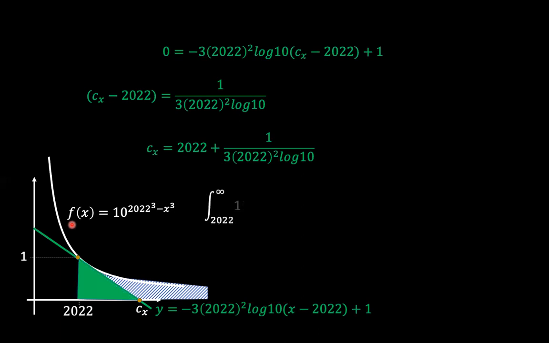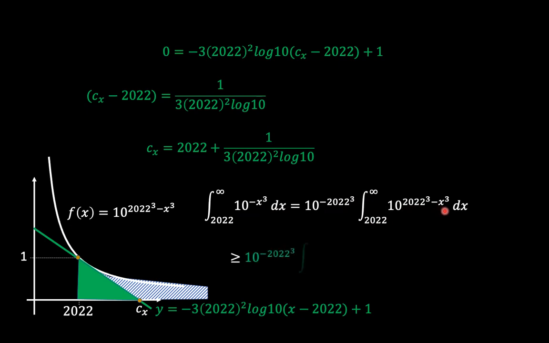So we can now integrate our initial integral from x equals 2022 to infinity of 10 to the power negative x cubed, which is equal to 10 to the power negative 2022 cubed times the integral from x equals 2022 to infinity of 10 to the power 2022 cubed minus x cubed.